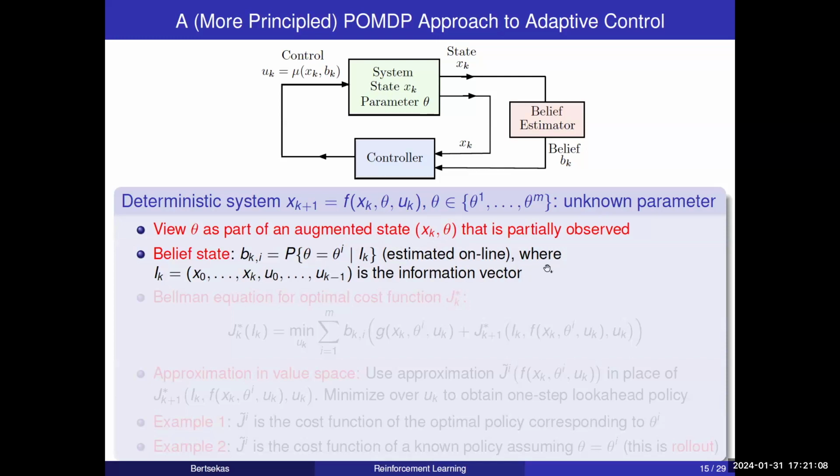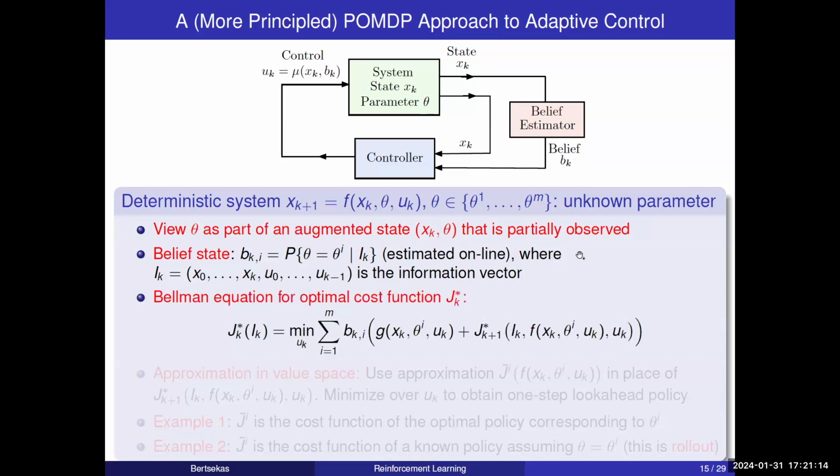And now the POMDP exact dynamic programming algorithm applies. The algorithm I gave in the second or third slide in this lecture. And it takes this form. Optimal cost to go at a given information vector involves the sum of two terms.